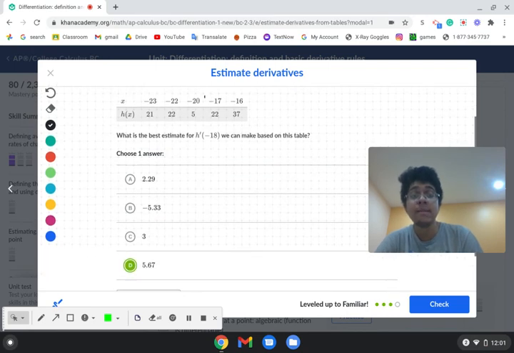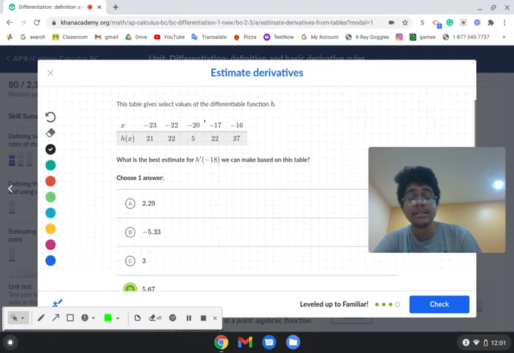So remember, when doing problems like these, you basically have to find the slope, because that's the best estimate for a derivative when only given a table of values like these. And try to find 2 points that contain the x value that we're being asked for.